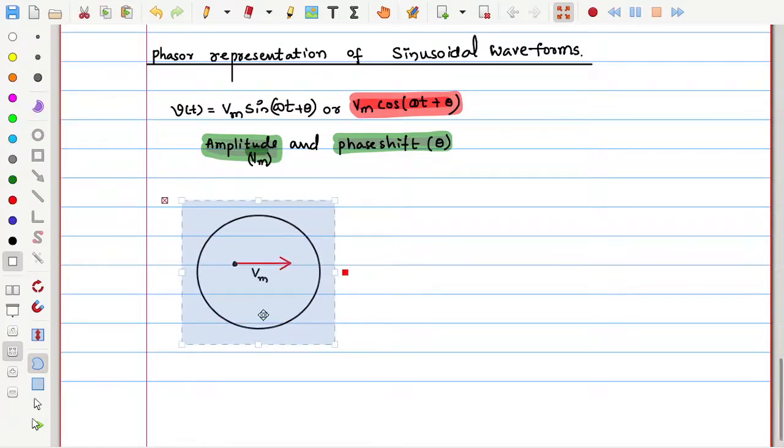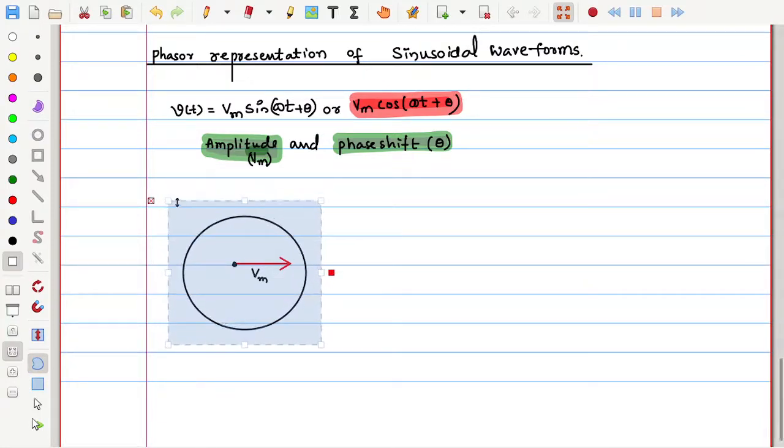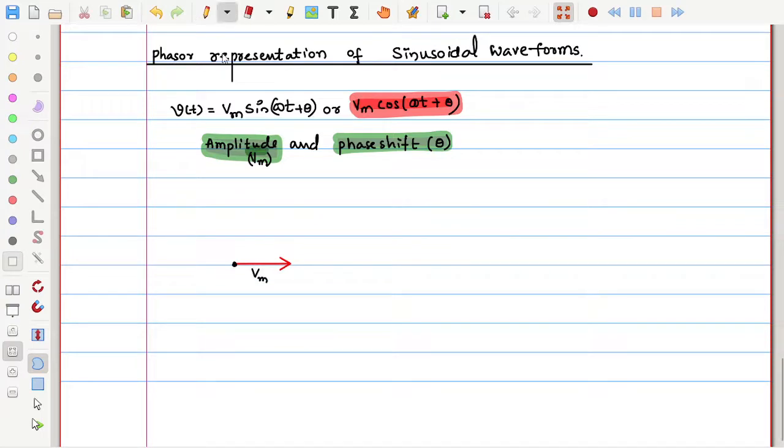Everything is moving, so instead I'll take a dotted line, and let me take a circle.